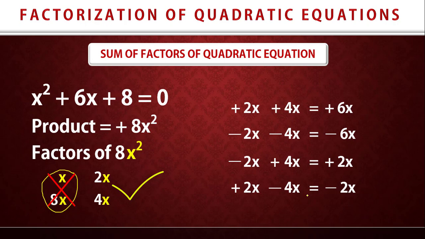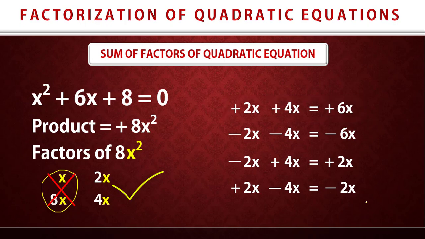Now tell me, which one of these factors gives the result plus 6x? If you see, it's the first one that we tried, plus and plus, that gives this sum of factor. That means anywhere we see plus 6x, we are going to substitute plus 2x plus 4x there.